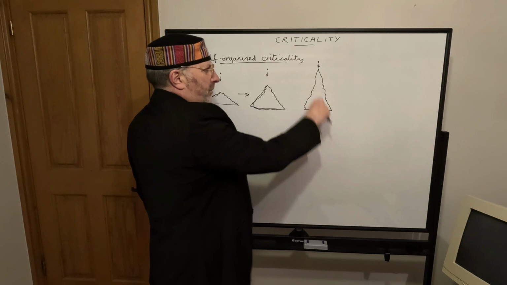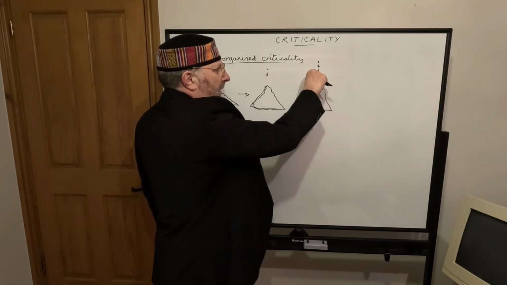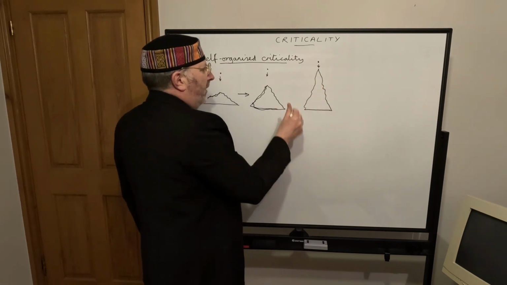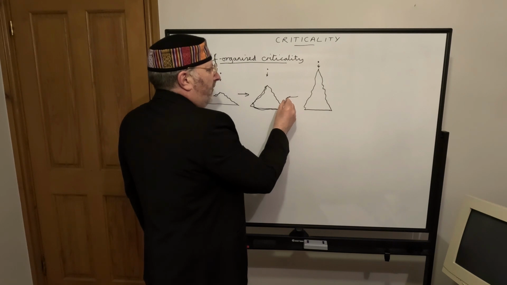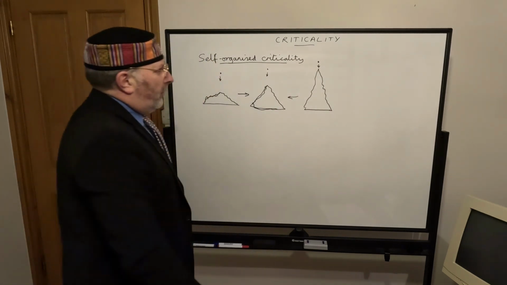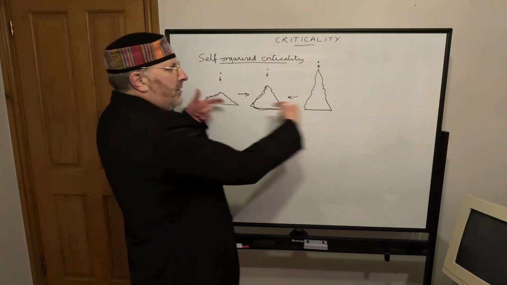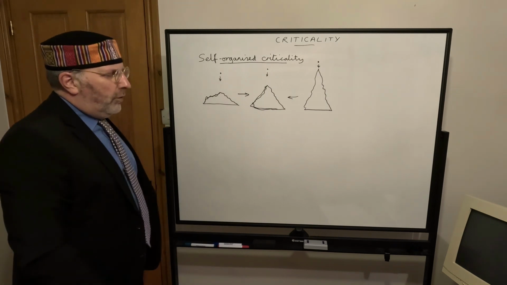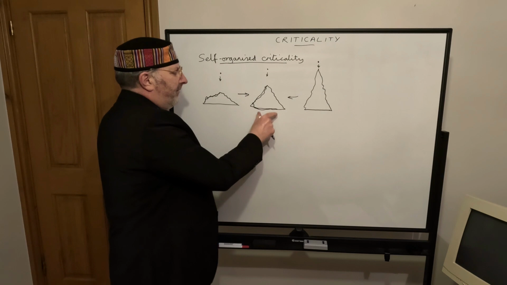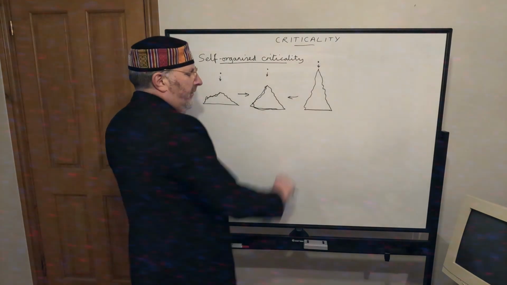So most avalanches would tend to be big, and the pile will quickly shed a lot of this excess sand, and it will evolve back in that direction. So whether you're below or above the critical state, you tend to evolve towards the critical state, where you then have power law behaviour to the avalanches, which you don't get in these.